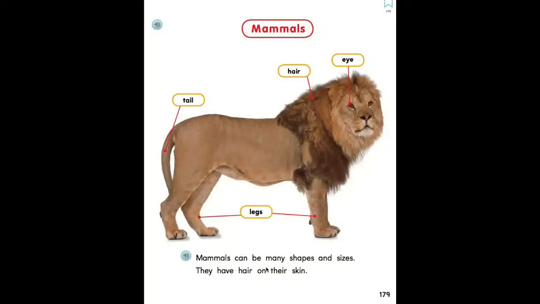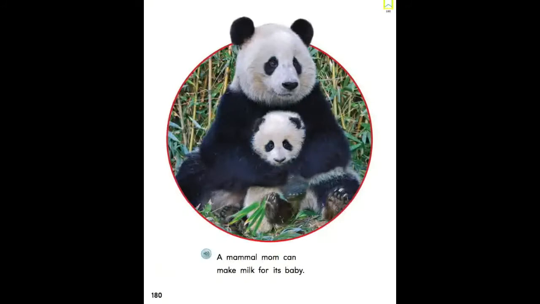Mammals can be many shapes and sizes. They have hair on their skin. That is special. They have hair. That's true. Is there anything else? Let's read this. A mammal mom can make milk for its baby. Wow, that's special. I don't think any other animal groups can make milk for their baby.